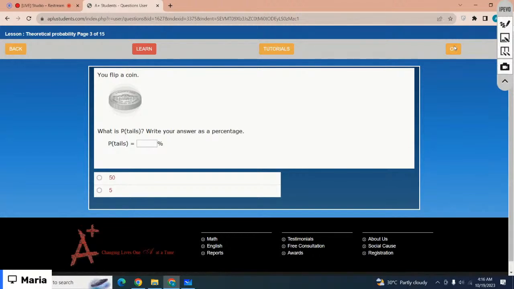When you flip a coin, you have 50% chance to have tails and 50% to have heads. That is 50%, right?